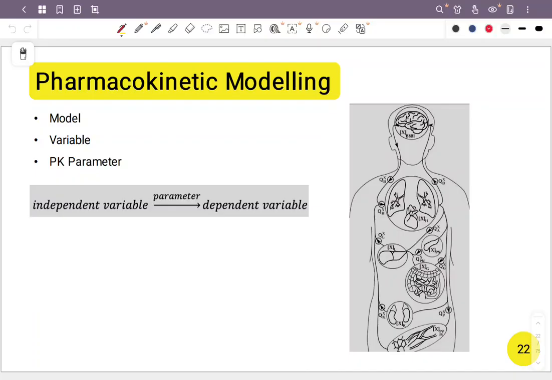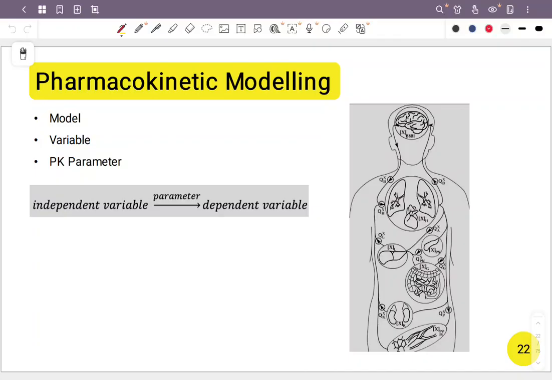So, to make sense of the overlapping events and predict how drugs behave over time, we use mathematical models. And these models help design drug regimens, predict drug concentration over time, estimate drug accumulation, correlate concentration with effects, and compare different drug formulations, especially in terms of bioavailability.